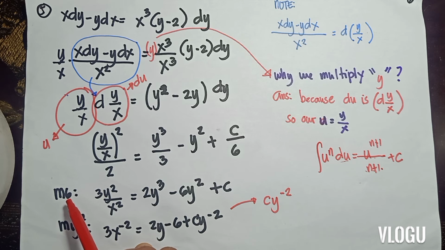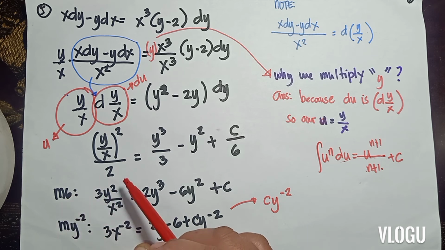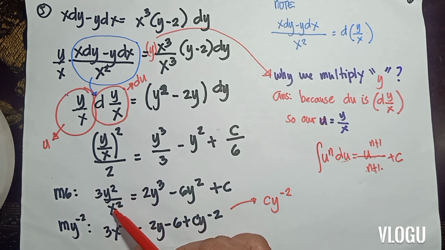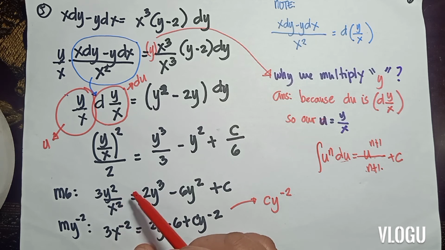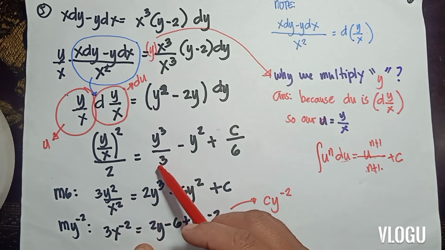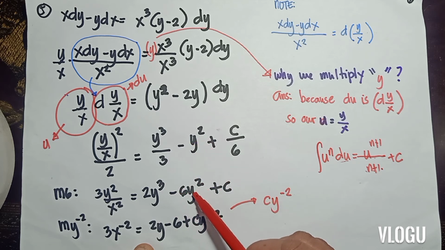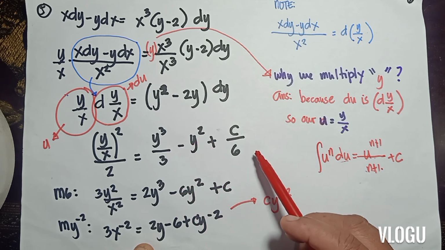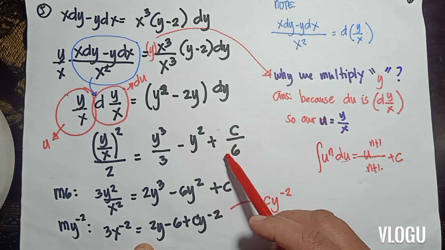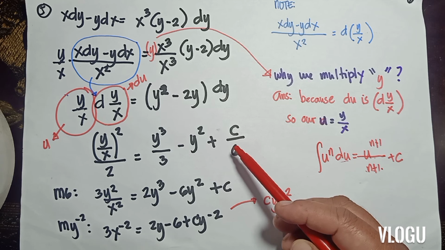When you multiply with 6, you will have 3y squared over x squared. Okay? That is equal to 6 divided by 3, that is 2y cubed times 6. So, minus 6y squared plus c. Where is the 6 denominator now? Because your LCD is 6, so that will be cancelled out.